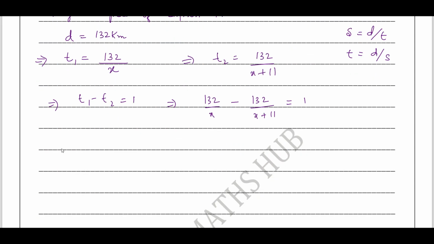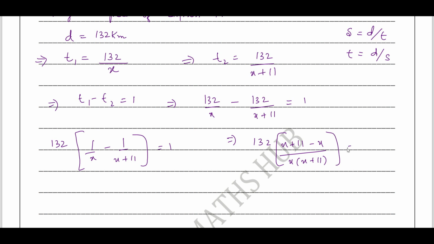Now take 132 common factor, what I get? 1 by x minus 1 by x plus 11 equals 1. Now 132 into cross multiply. Before that, take LCM, that is x plus 11 minus x divided by x into x plus 11 equals 1. Plus x minus x will cancel out.